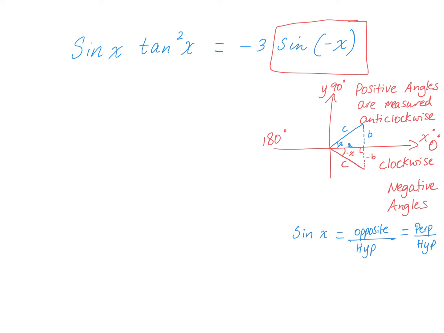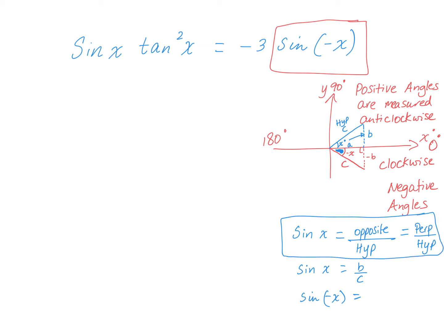The opposite to the angle is side B, and the hypotenuse is side C. So sine x is B over C. Similarly, for this angle down here, sine of negative x, using the same ratio of the opposite with the hypotenuse, I would get negative B over C. So from the relationship between sine x and sine negative x, you could conclude that the negative of sine x is the sine of negative x.